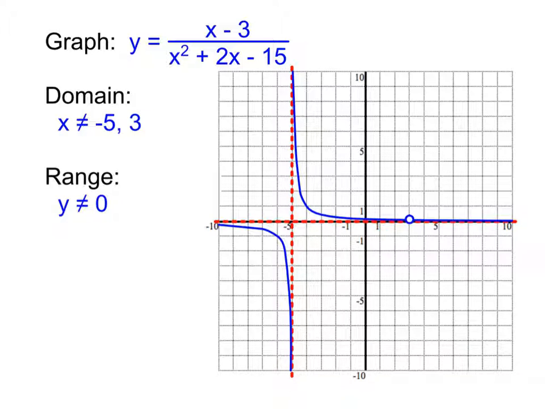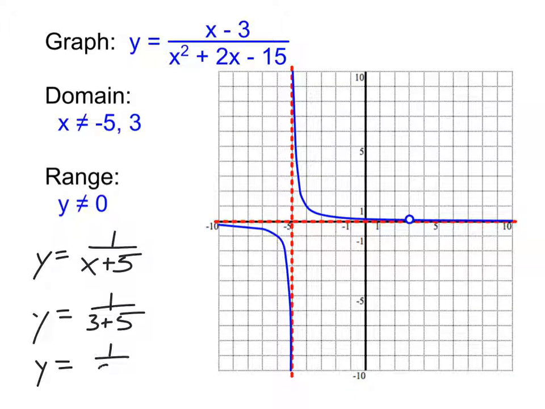Well, we can actually figure it out from our simplified equation. Remember that we know that y equals 1 over x plus 5, except for where x is 3. But if I plug the 3 into this, y equals 1 over 3 plus 5, I would get y equals 1 over 8. Now, if I plug that into the original equation, it's going to tell me undefined.